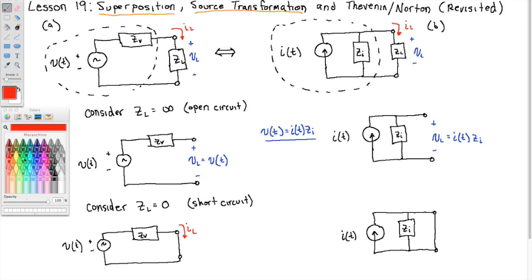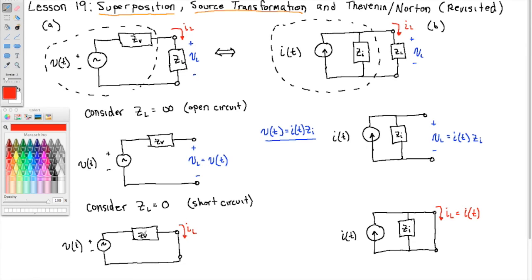Again, the voltage across that short is 0, but that's going to bring some current IL. Over here in picture B, that short is shorting out the impedance Zi because it's in parallel. So this brings all of the current I of t.